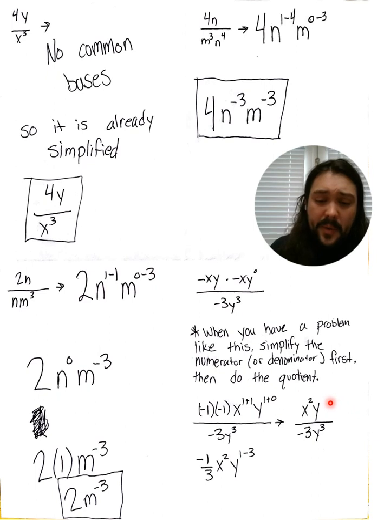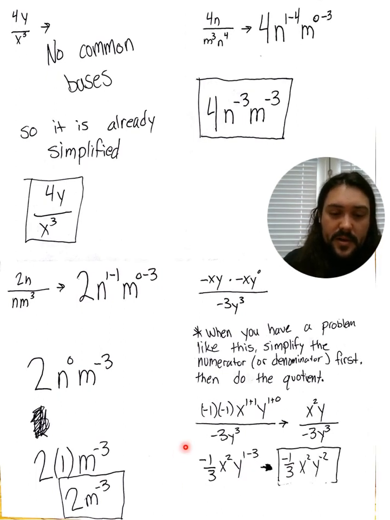And then I have 1 y in the numerator and 3 y's in the denominator, so it's 1 minus 3. So my answer, negative 1/3 x squared, and then 1 minus 3 is negative 2, so y to the negative 2 is our answer there.